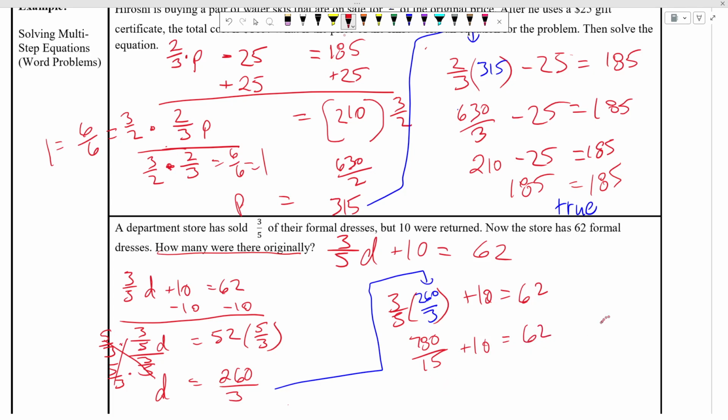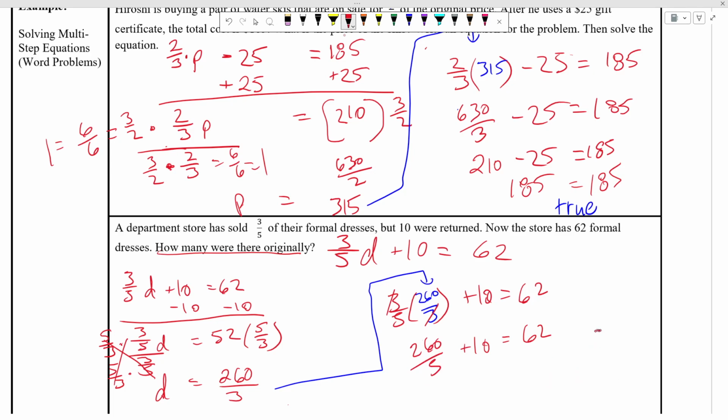If you do 780 divided by 15, you will end up with 260 over 5. Well, actually, you could have seen that up front here. These would cancel. You would have 260 over 5. For the interest of space, let me go ahead and do that. 260 over 5. Okay, great.